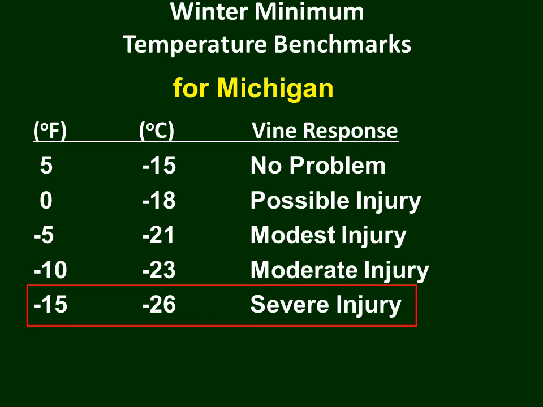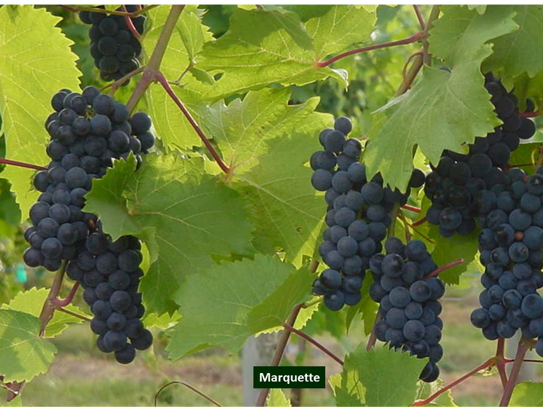You have to ask yourself, for where you're growing grapes, what are the guidelines that would influence the winter injury for your varieties? For example, this is the Marquette variety. It was created at the University of Minnesota.